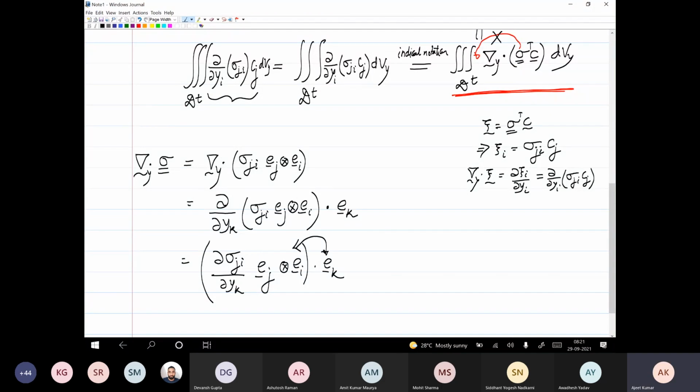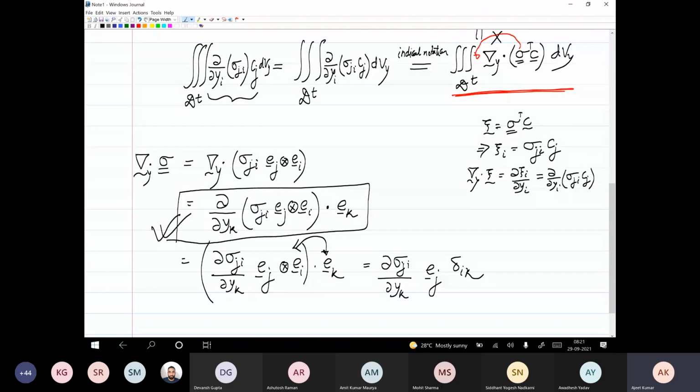That is how a second order tensor is dotted with a first order tensor. So this then becomes del sigma ji over del yk ej delta ik. Okay, remember this, you can always use this formula for divergence, and it can be applied to first order tensor, second order tensor, third order tensor, fourth order, of any order.